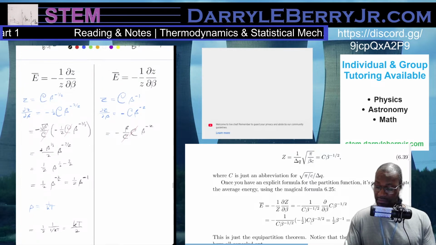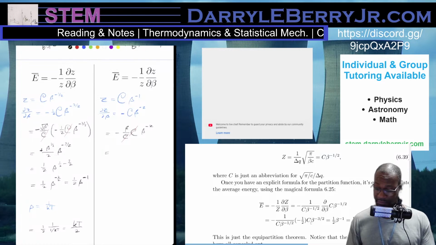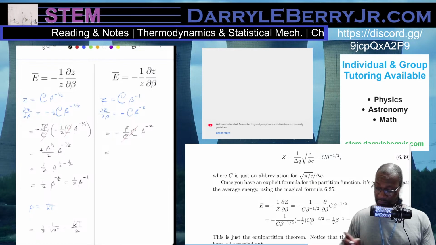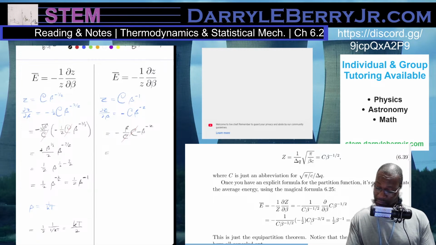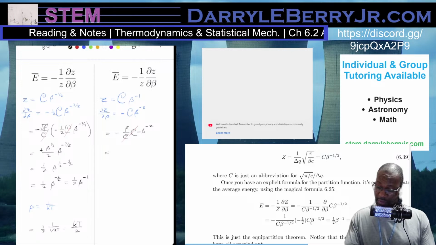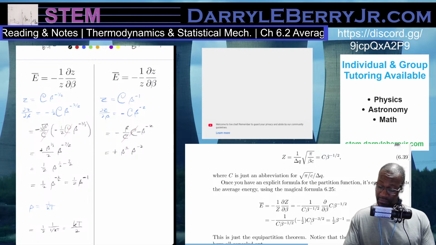And on this side, we have, I did the same thing, left off a negative. This becomes positive B to the 1, B to the negative 2.